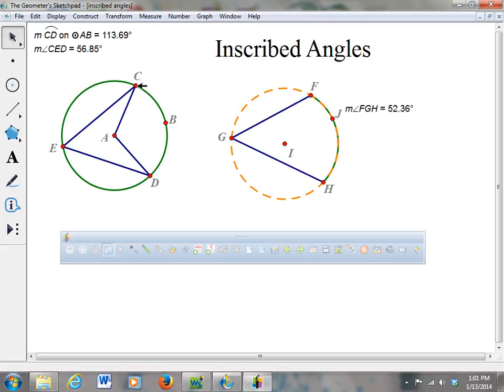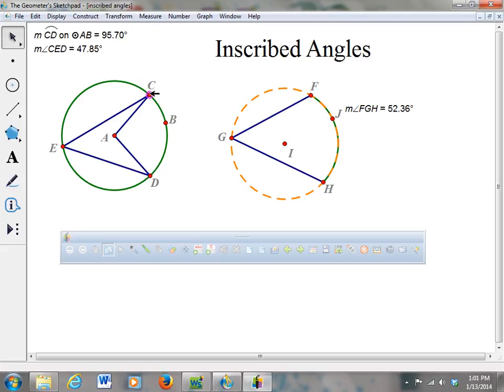As I drag this, notice that here is the arc, actually the mark CD, which is this one right here. Very good. So this inscribed angle, that's your first conjecture, C60: the measure of an angle inscribed in a circle is half the measure of the central angle.